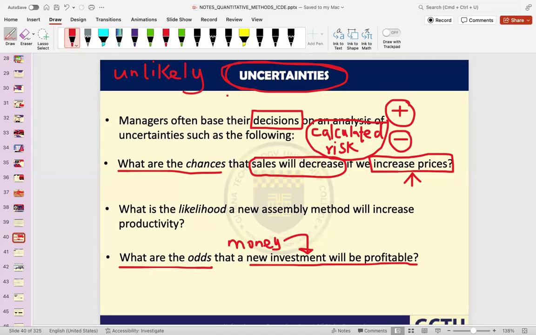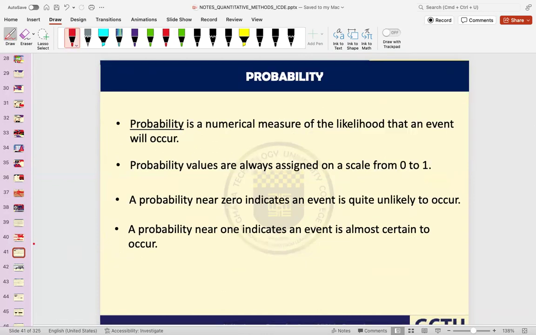In the unlikely event, it means you are not certain. Or when you say with certainty, then you are sure of what you are talking about. But when it comes to in the unlikely event, what are you going to say? So it all falls under probability theory.